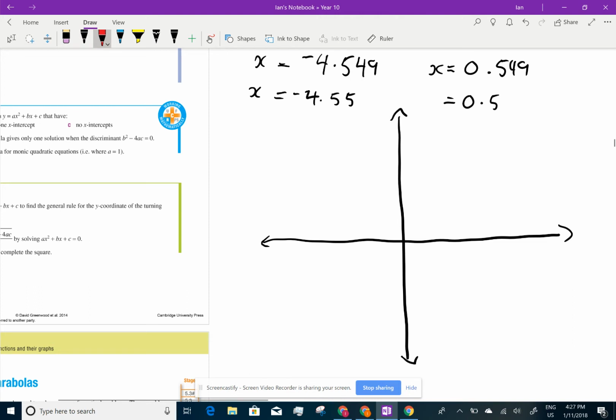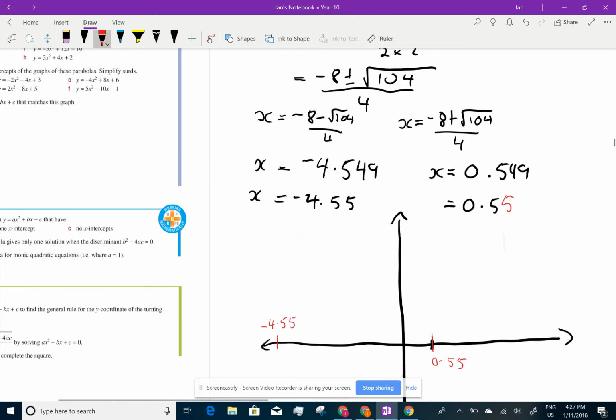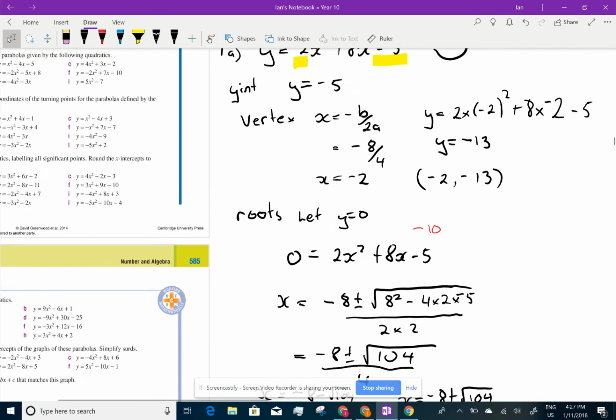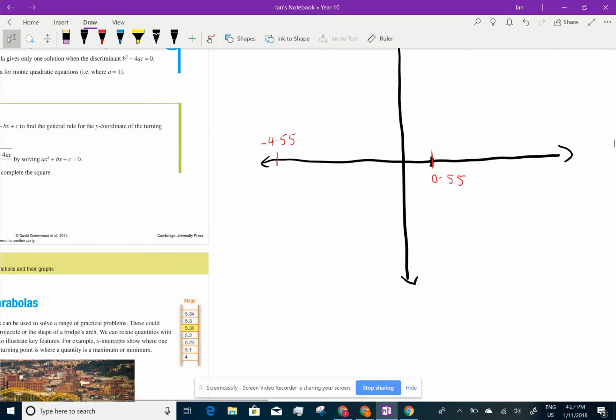So what do we got? 0.55, so I'll go about there. And over here, I've got negative 4.55. And down here, what was my y-intercept? Minus 5. I'm going to have to make this a little bit bigger.